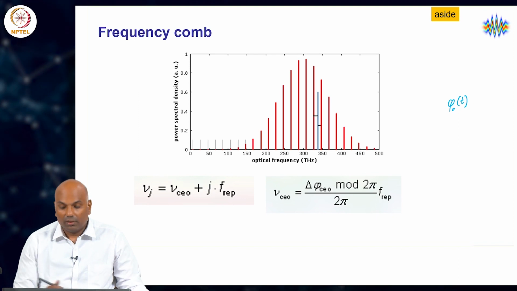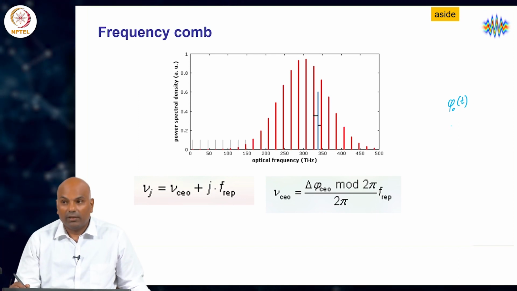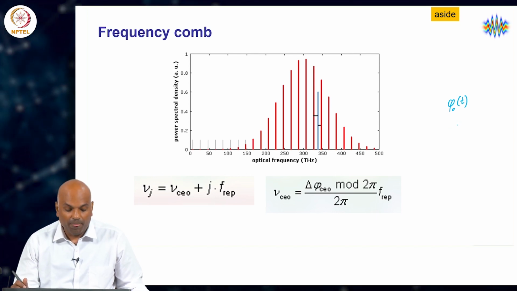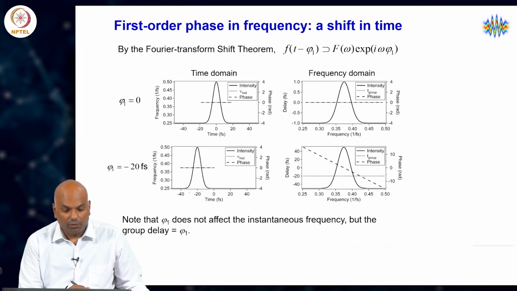Any temporal variations in phi naught, systematic or not, would impact the offset of this comb away from 0.